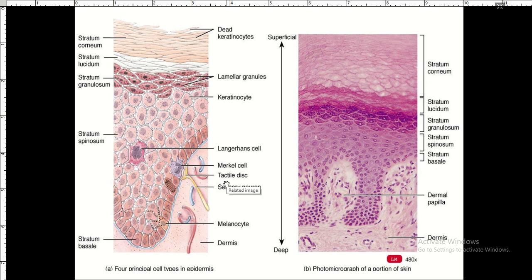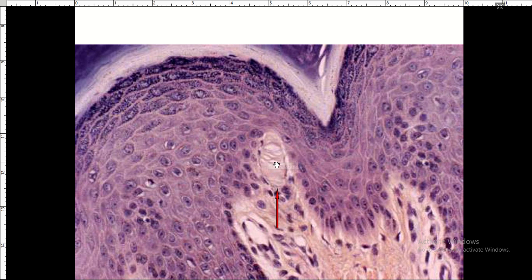So you can look here at this diagram. This right here is a Meissner's corpuscle, which is very sensitive to temperature and touch. But let's take a look here at our layers.